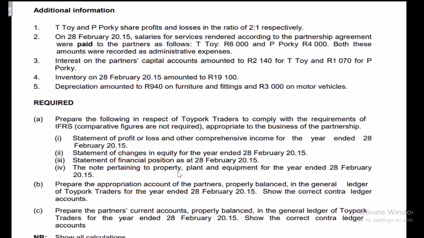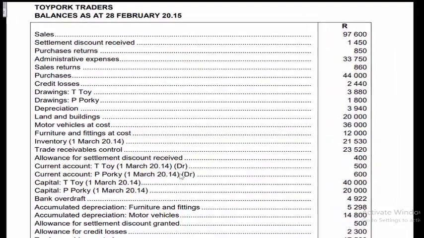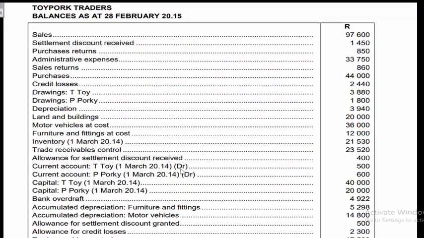It means that we are going to go back and check on our list of balances if we do have any drawings, and we do indeed have drawings. So we have drawings for 3,880 as well as 1,800.